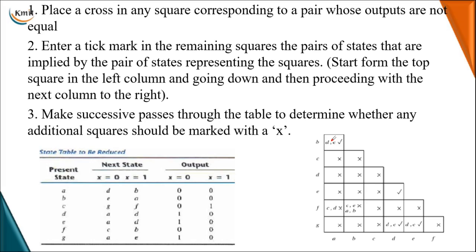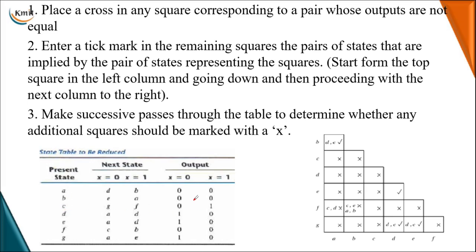So we represent that condition: if states D and E are compatible, then A and B are compatible. Let me check this later. First we put that D. Thereafter we'll move to C.